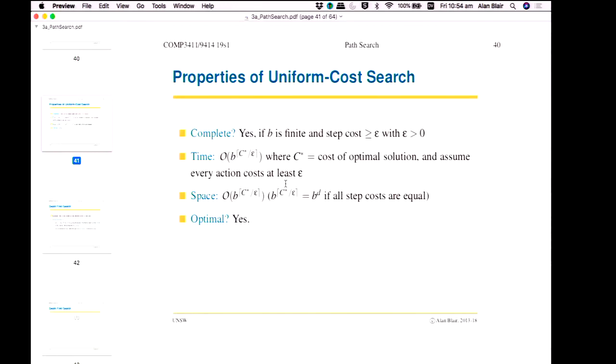Dijkstra's algorithm is pretty much the same. The easiest way to answer this question would be to show you how these things are implemented in Prolog.